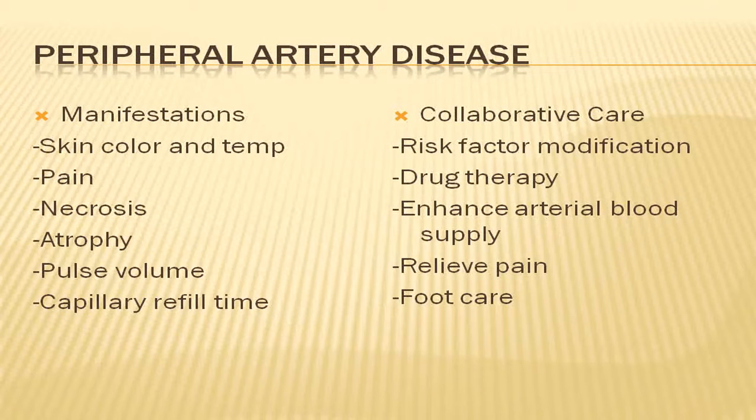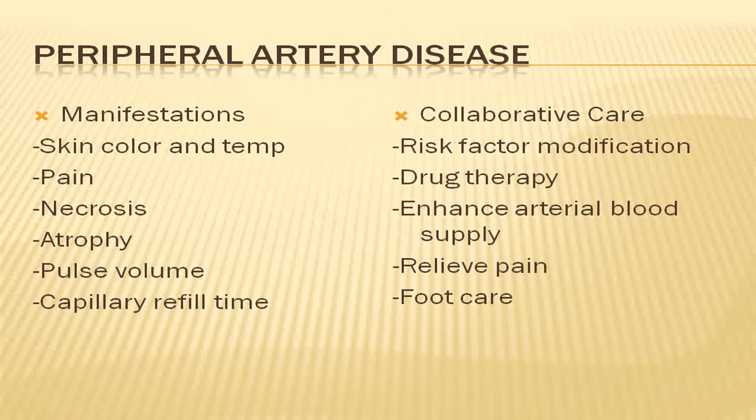With peripheral artery disease, however, when we assess this patient's skin color and temperature, the person tends to have a coldness or a coolness associated with the extremities that are affected. And as I said, we typically see it affecting the lower extremities, but they'll have a coldness, and it makes sense that the person is going to have that coldness because there's a deficient blood supply to that part of the body.